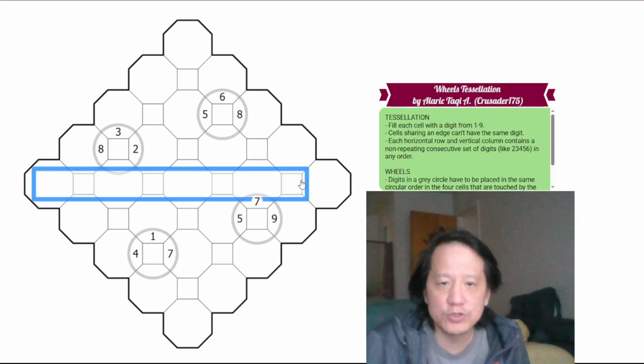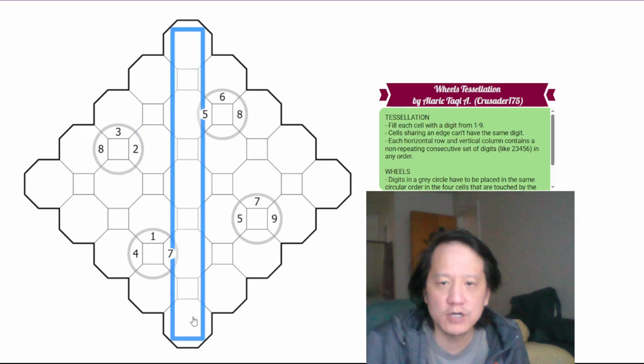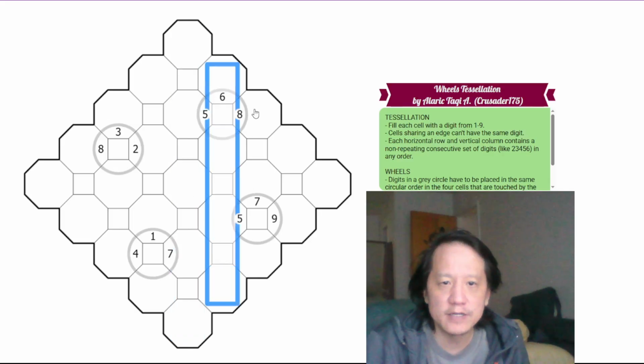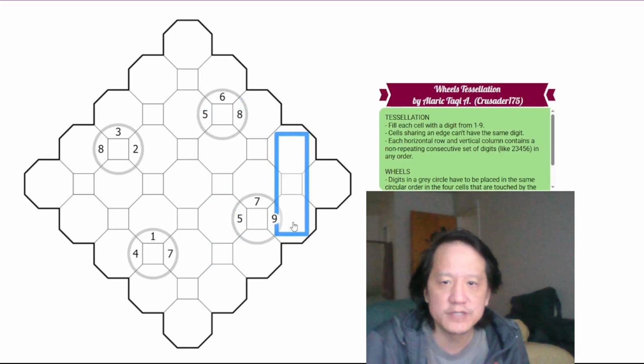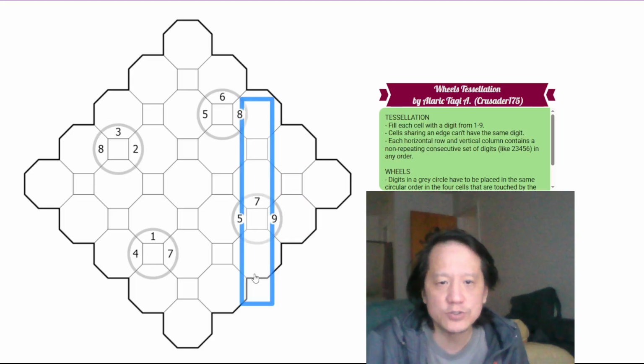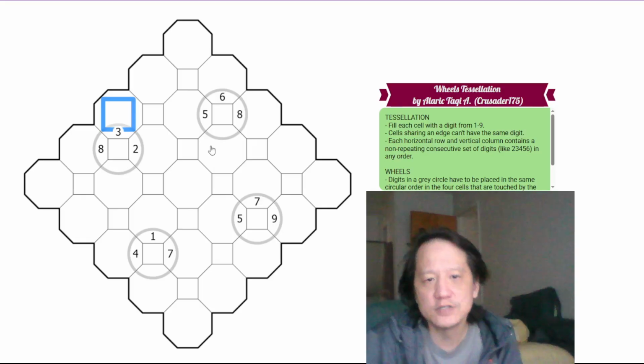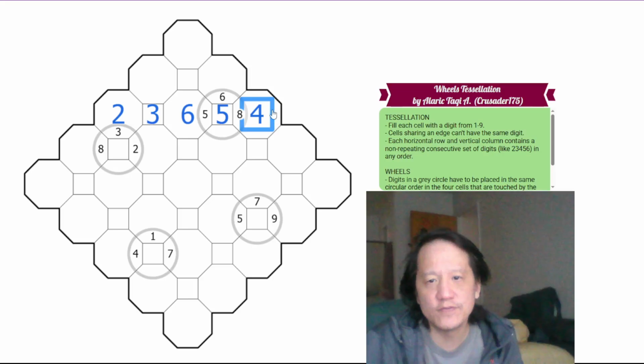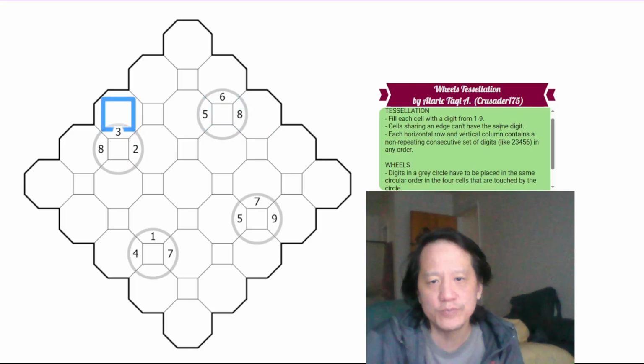And each horizontal row and vertical column contains a non-repeating consecutive set of digits, like 2, 3, 4, 5, 6. So those could be like 2, 3, 6, 5, and 4 in any order, right? So that would be valid for this horizontal row.